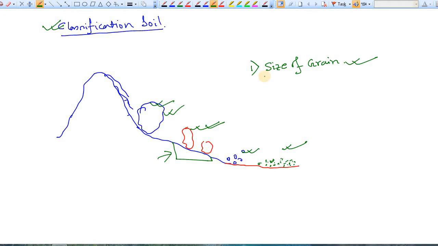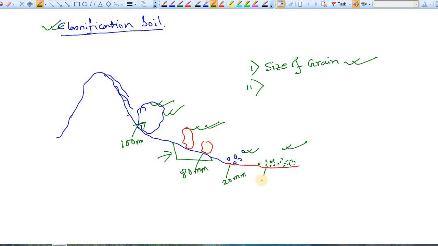And the second criterion, well, do we need a second criterion? Yes, if the size of grain is not sufficient. Let's say this is 100 mm, and this is, let's say, 80 mm. Let's say these are 20 mm.